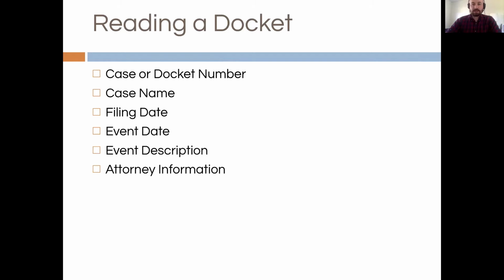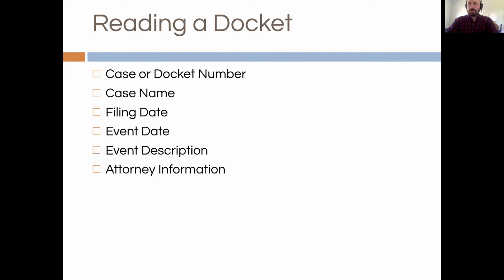You'll find the filing date whenever the first document was filed before that court. This is important because when cases become appealed, they will get both a new docket number and a new filing date at that level of the court. Then you have the individual event dates and a description of those events, and then the attorney information so that the parties can remain in contact.